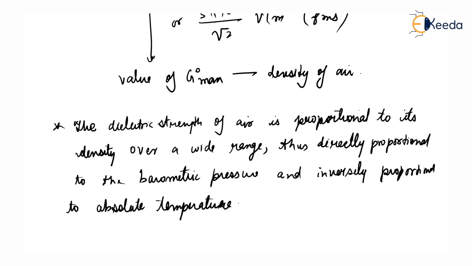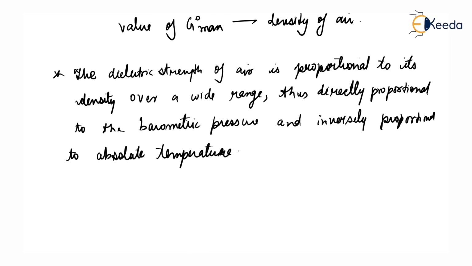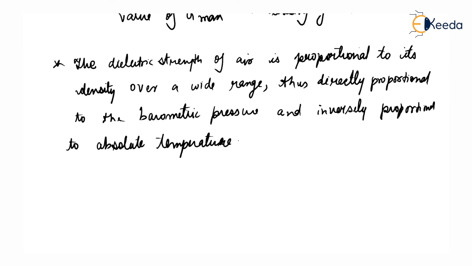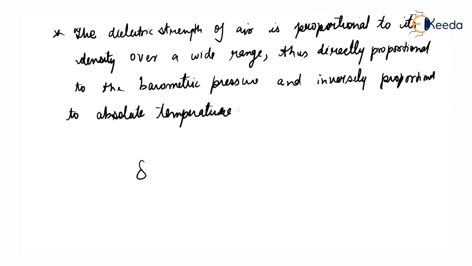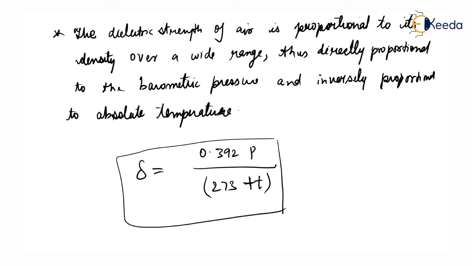So the air density factor at barometric pressure of P mm of mercury and temperature of T degrees Celsius can be given by delta is equal to 0.392 into P upon 273 plus T.